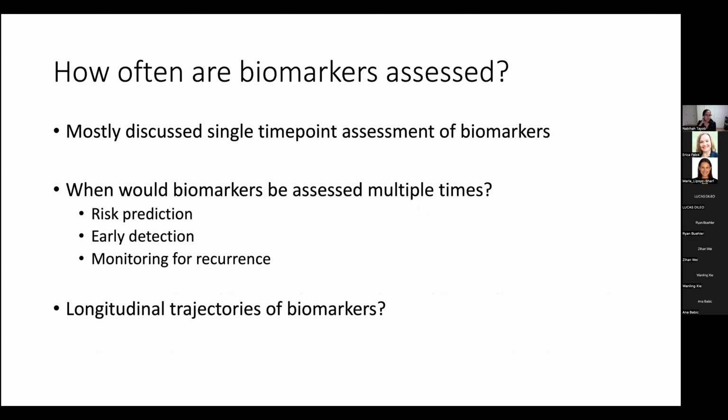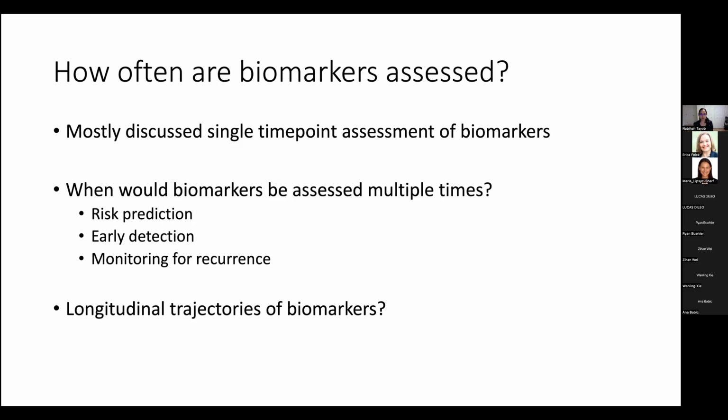What I haven't gone into, we mostly talked about single time point assessment of biomarkers. A little bit of a plug for my own research: when biomarkers are assessed multiple times, you could be doing this in risk prediction, early detection, monitoring for recurrence. And then we start getting into a whole new field of the longitudinal trajectory of biomarkers and how you evaluate it, beyond the scope of today's training seminar, but I like to put a plug in for my research.